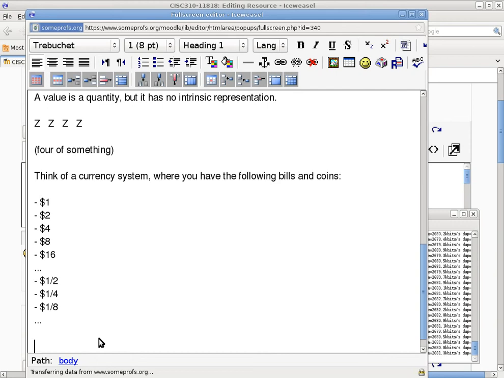So it is actually fairly irregular as to the multiplier from one bill to the next. But instead of that, let's just say that we have a system where it is completely consistent. On the whole side, we go from 1 to 2, 2 to 4, 4 to 8, 8 to 16. And on the fractional side, we have half, quarter, eighth, 16th, and so on.